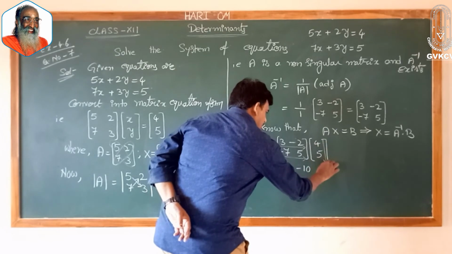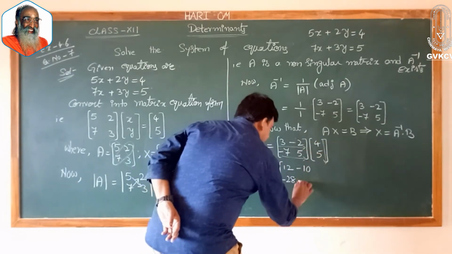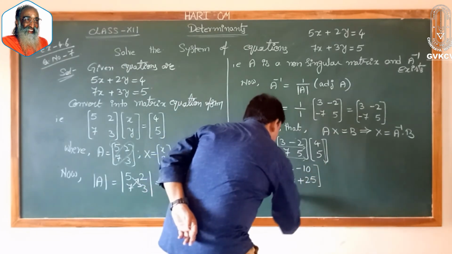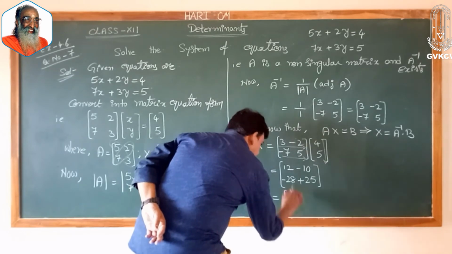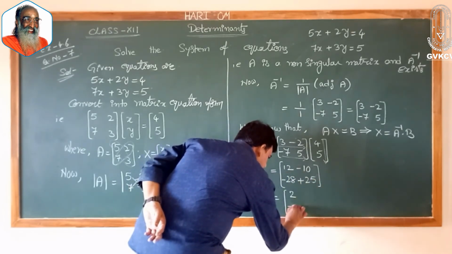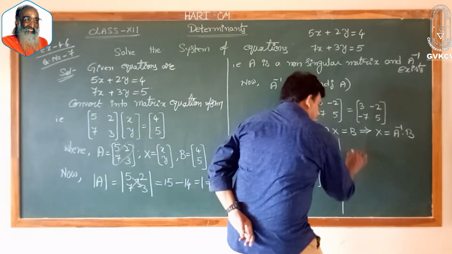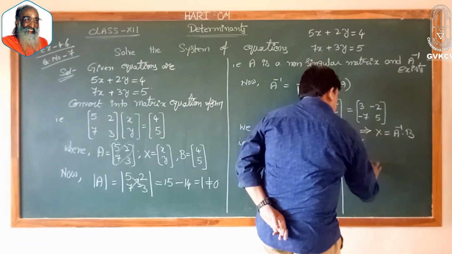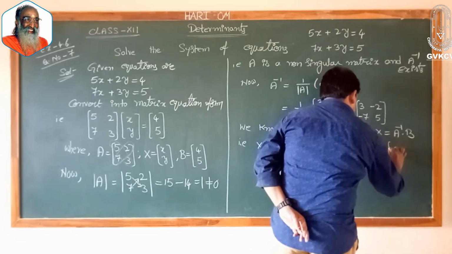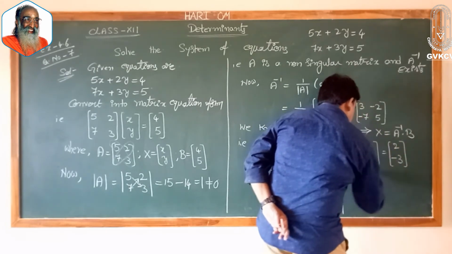Row 2 into column 1, -7 into 4 is -28, plus 5 fives are 25. That is equal to 12 minus 10 is 2, -28 plus 25 is -3. That implies small x, small y is equal to 2, -3.